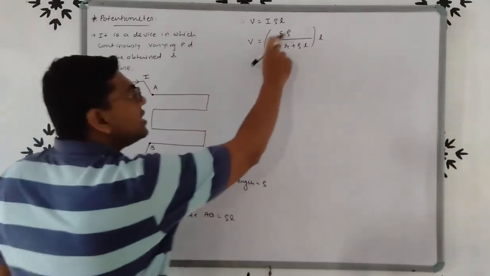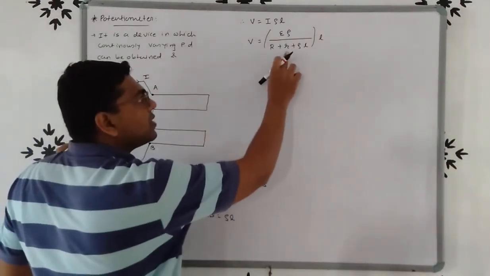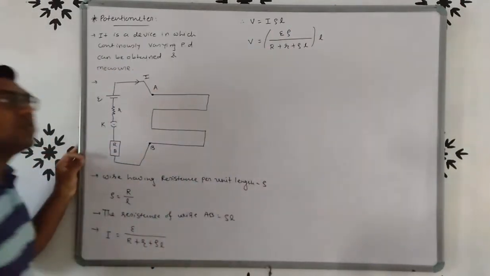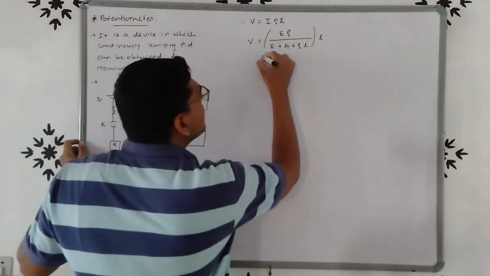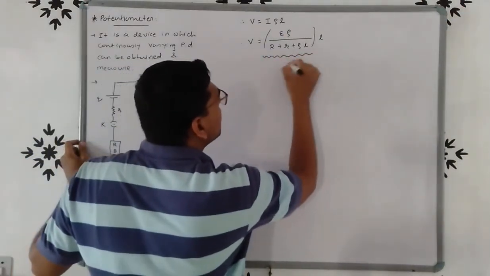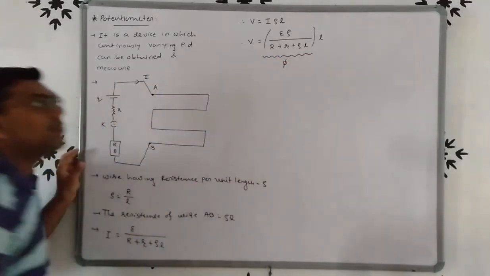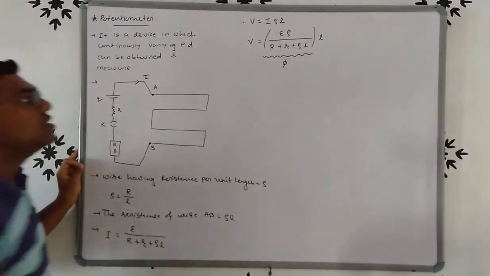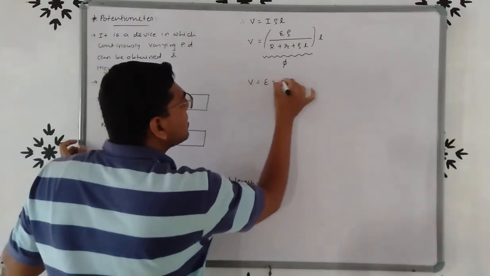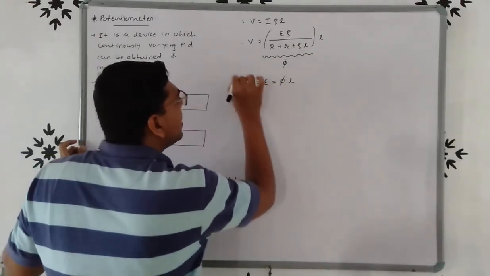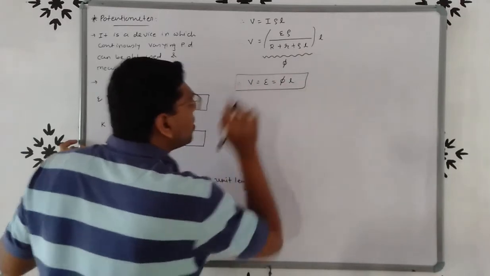Now this term, E rho upon capital R plus small r plus rho L, is known as potential gradient, that is phi, which is constant. So we can write that V is equal to phi into L, right?